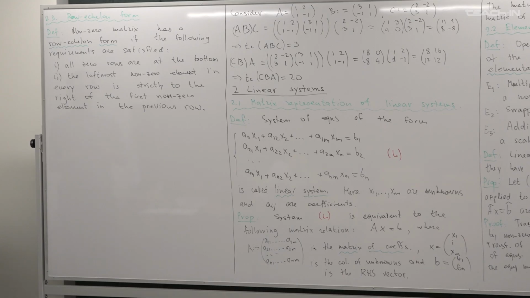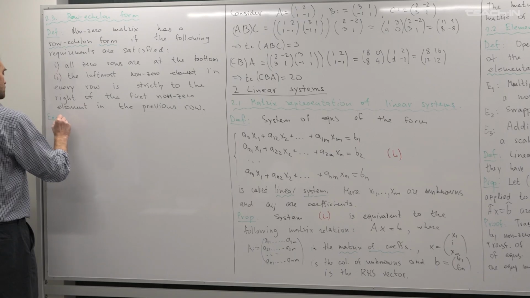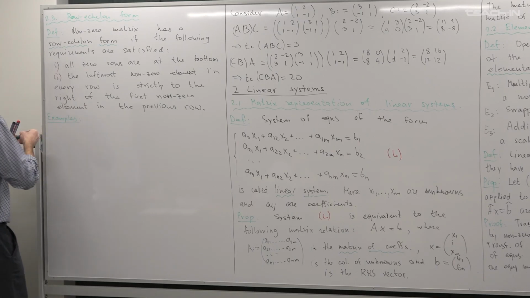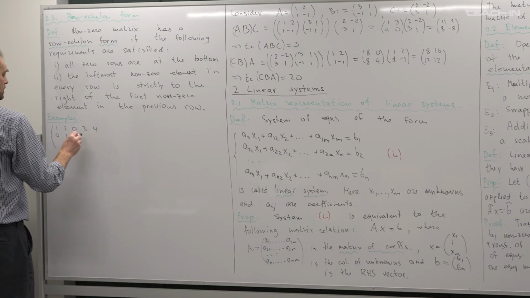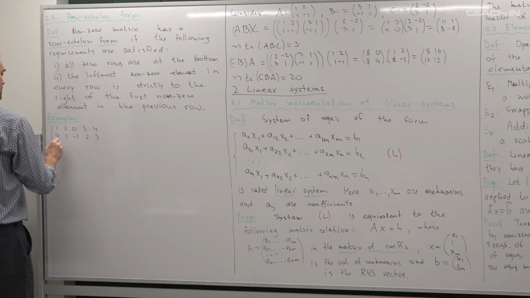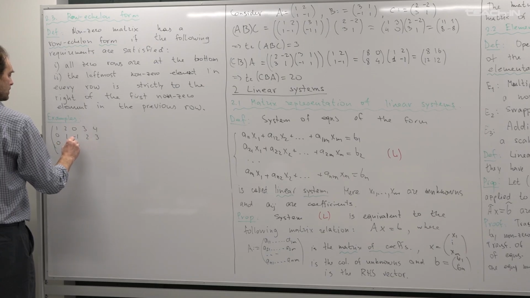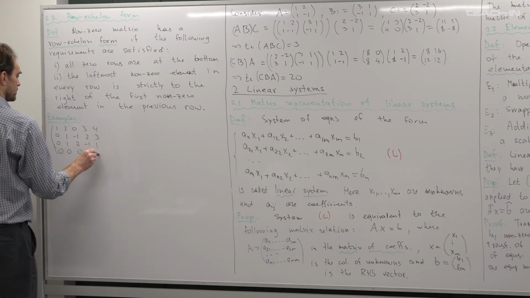Okay, so anyway, let's first consider some examples. So 1, 2, 0, 3, 4, 0, 1, minus 1, 2, 3, 0, 1, 2, minus 1, 1, 0, 0, 0, 0, 0.